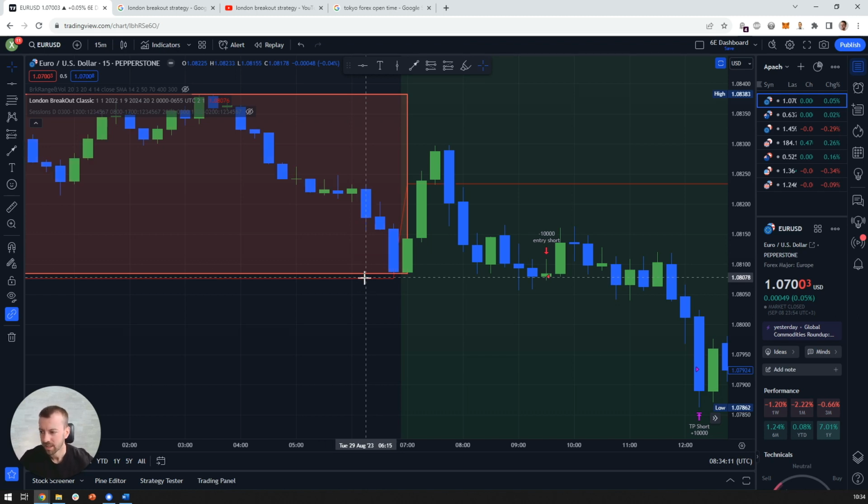So we wait for a candle body to close outside of this range to enter a trade with the opening of the next candle. Just remember that. And as you can see, there was a breakout right here. So this candle is the first one that closes underneath this range. So we are opening a trade right here.